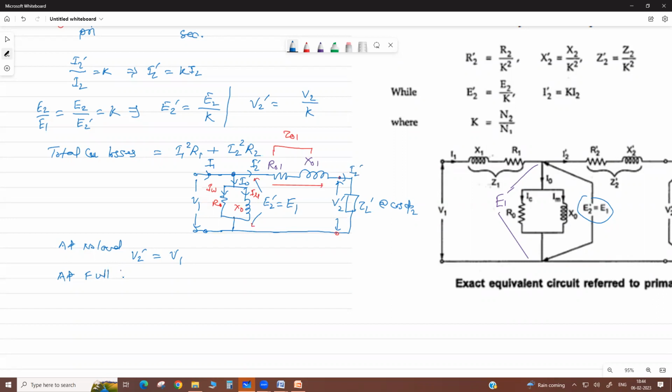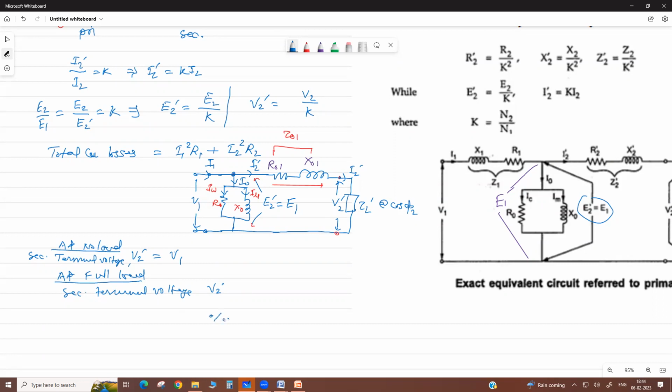At full load, when the secondary load current is there, the terminal voltage is reduced. At no load and at full load, the secondary terminal voltage now becomes V2 dash. So there is a change.